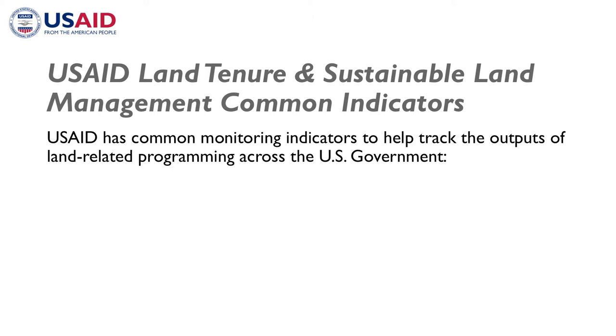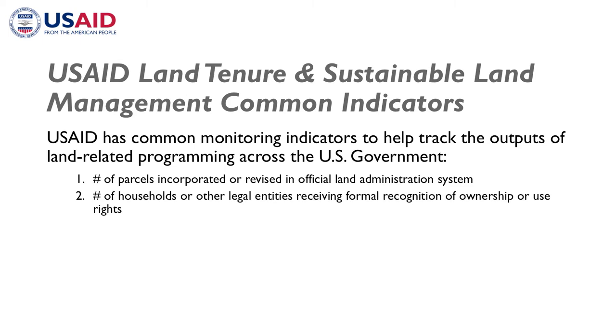These include 6 core common monitoring indicators: the number of parcels incorporated or revised in an official land administration system, whether that's maintained by the formal government authorities or customary authorities; the number of households or other legal entities, so these could be communities or private businesses, that have received formal recognition of ownership or use rights. And again, that could be recognition from formal or customary authorities.